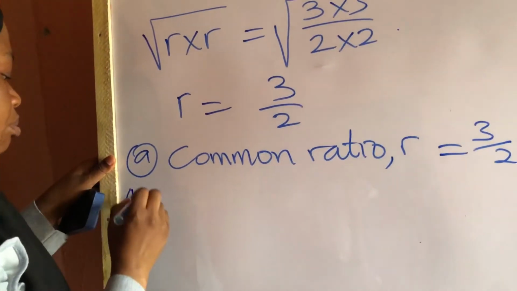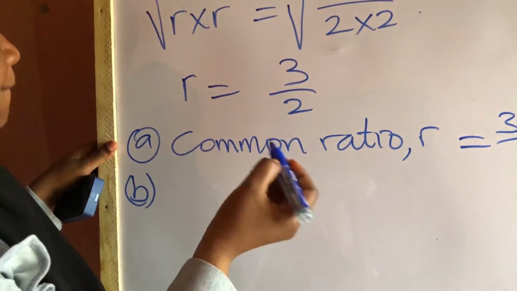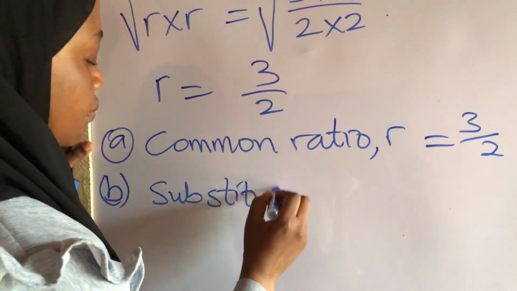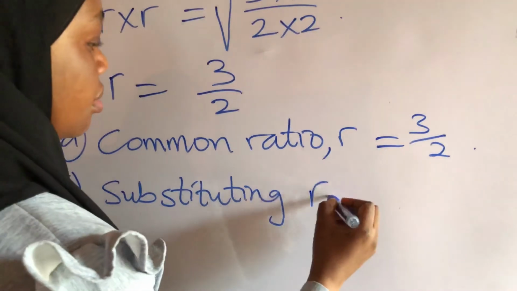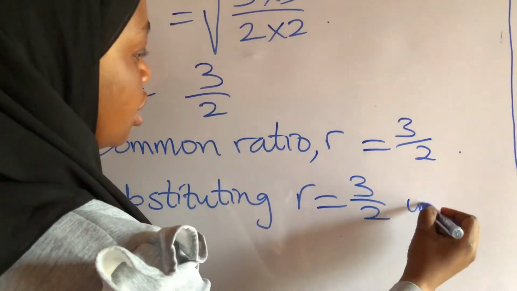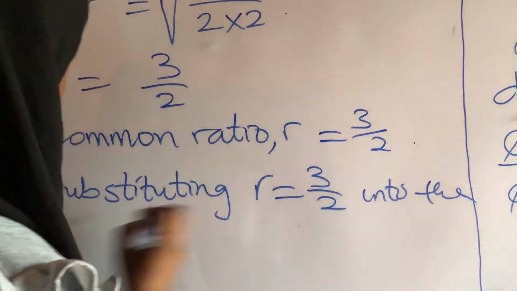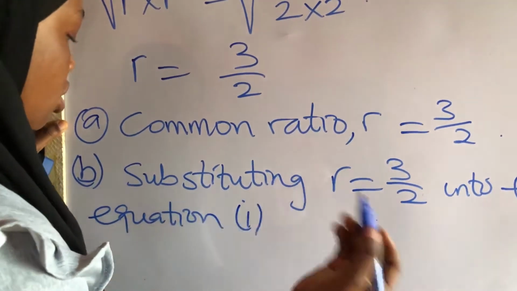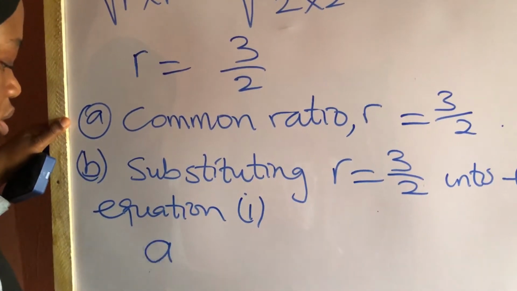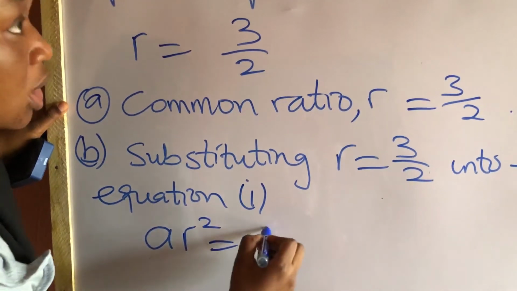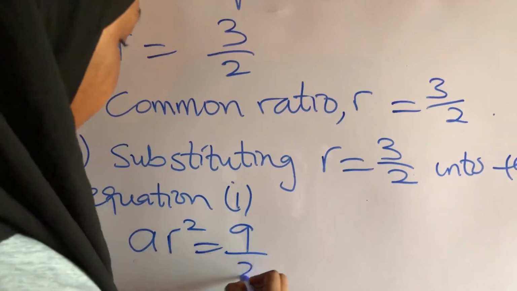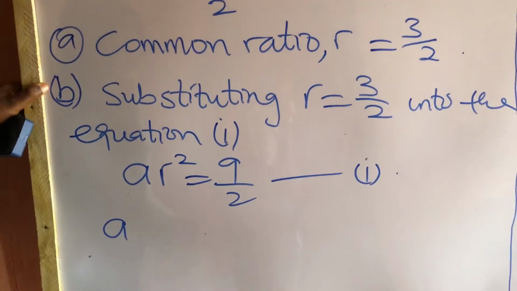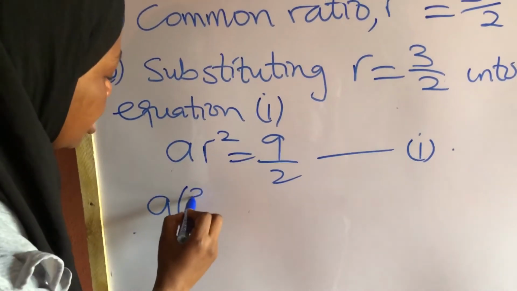Now to solve B, where we want to find the first term, we substitute R equal to 3/2 into equation 1. You can take equation 2, the one that you like. Equation 1 is AR squared equal to 9/2. We do not know A, but we know R to be 3/2.